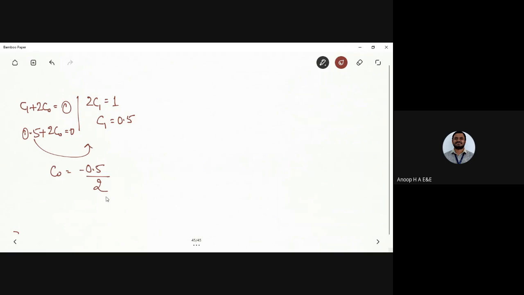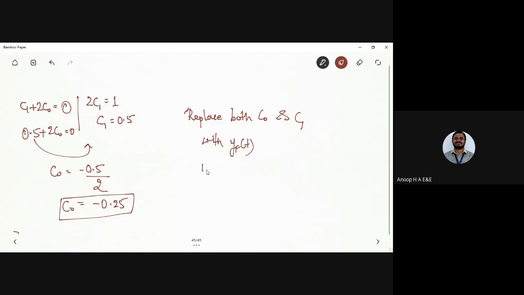What is the value of C0 that you are going to get? Minus 0.25, which is C0, minus 0.25 there. So I'll replace both C0 and C1 in yf of t.